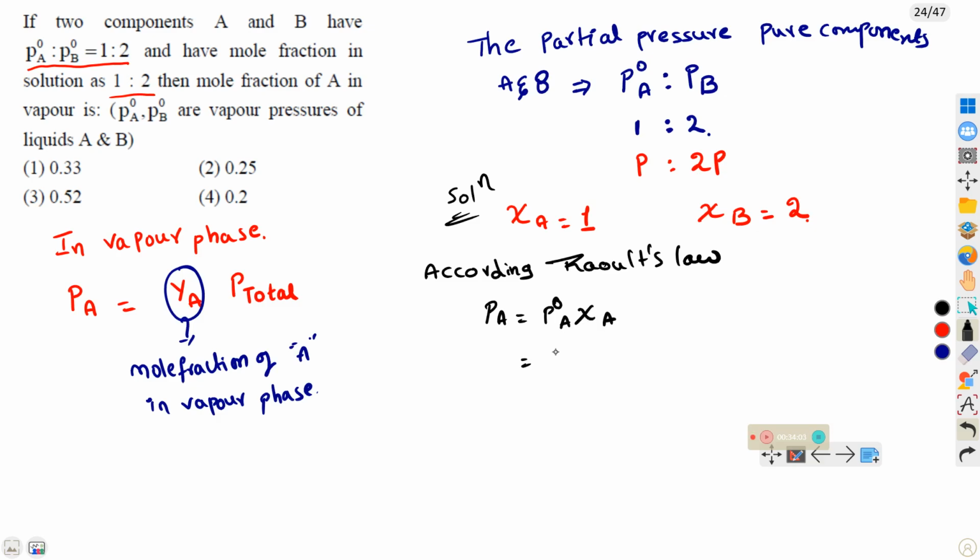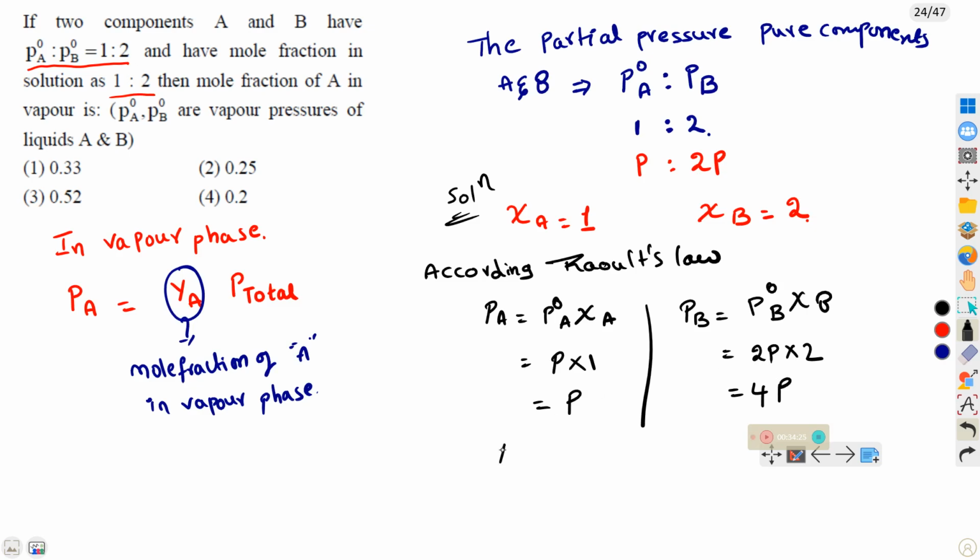P naught A value is P into XA value is 1, that is equal to P. PB is equal to P naught B into XB. P naught B value 2P into 2, that is equal to 4P. Now P total is equal to PA plus PB, P plus 4P, that is equal to 5P.